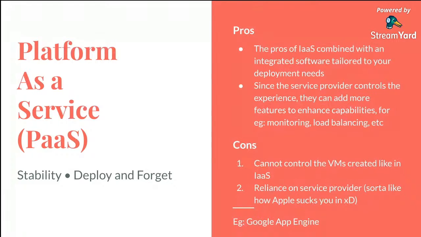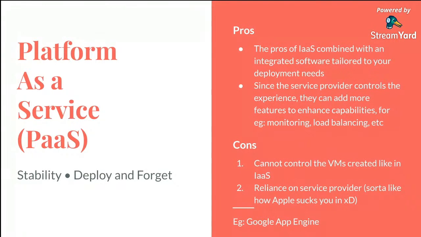So that's amazing. This means you can just plonk your software stuff, and as long as it runs in the VM, you have access to all the features. The problem is, of course, you now can't create the VMs on your own, like you did in infrastructure as a service. Now it's all in their hands.